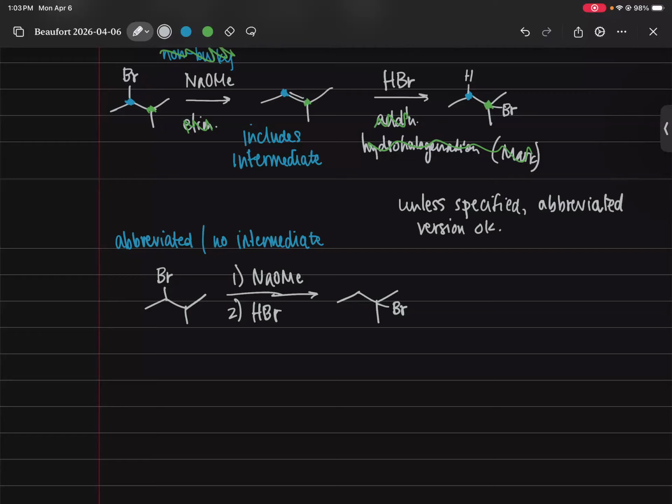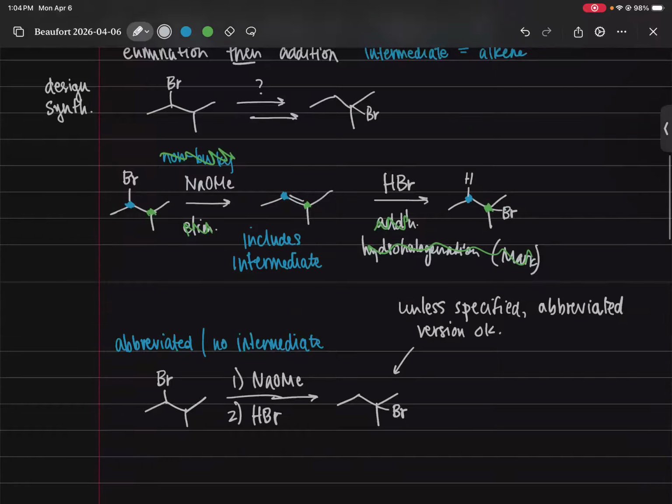Unless I specifically tell you, it's okay to write this abbreviated version that doesn't show the intermediates. However, fairly often I will ask you for the intermediates, so be aware of that.